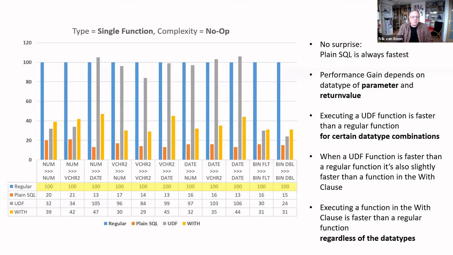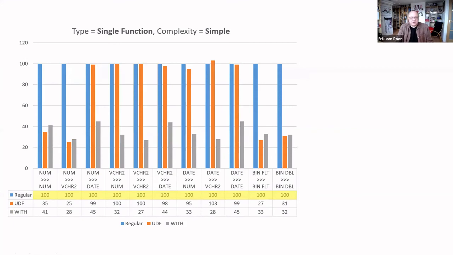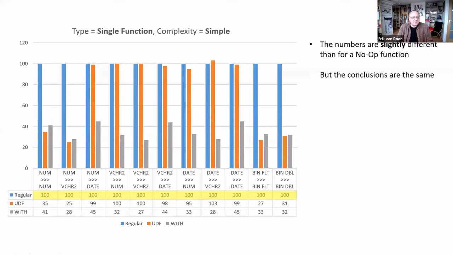This was a no-op function. Maybe it's different for a simple function. Well, no, it really isn't. If you look at these numbers, then they are basically just the same. There's a slight difference in the numbers, but you see again that, for example, number to date doesn't have any performance gain for UDF, and it does with number to varchar, and still with clause is always faster.